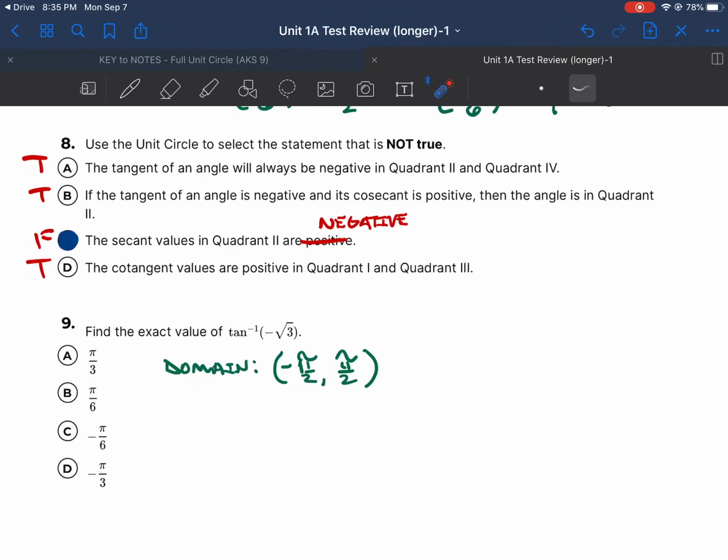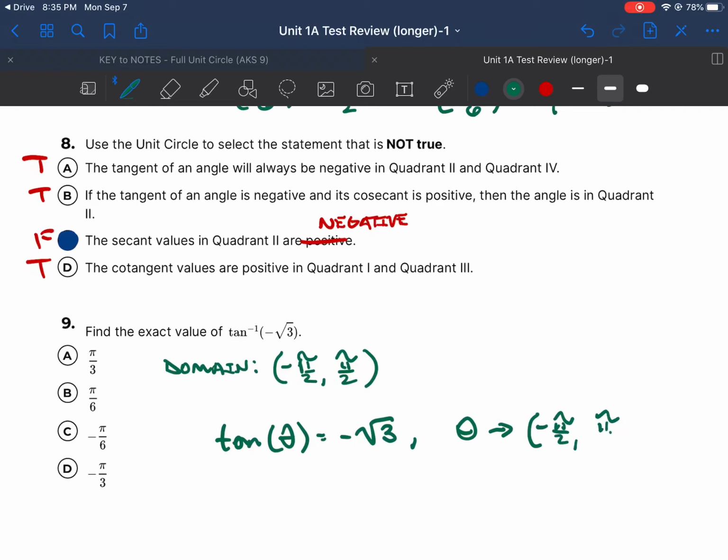We want to find the value of the inverse tangent of negative square root of 3. So remember that this is really like saying the tangent of what angle theta would equal negative square root of 3, where theta is in the domain negative pi over 2 to pi over 2. So we want to find an angle theta in our restricted domain that has a tangent value of negative square root of 3.